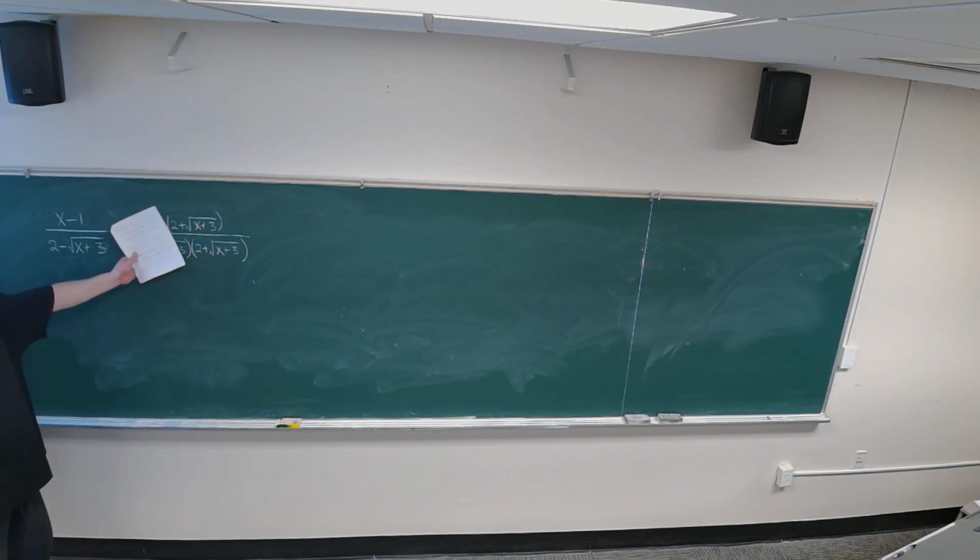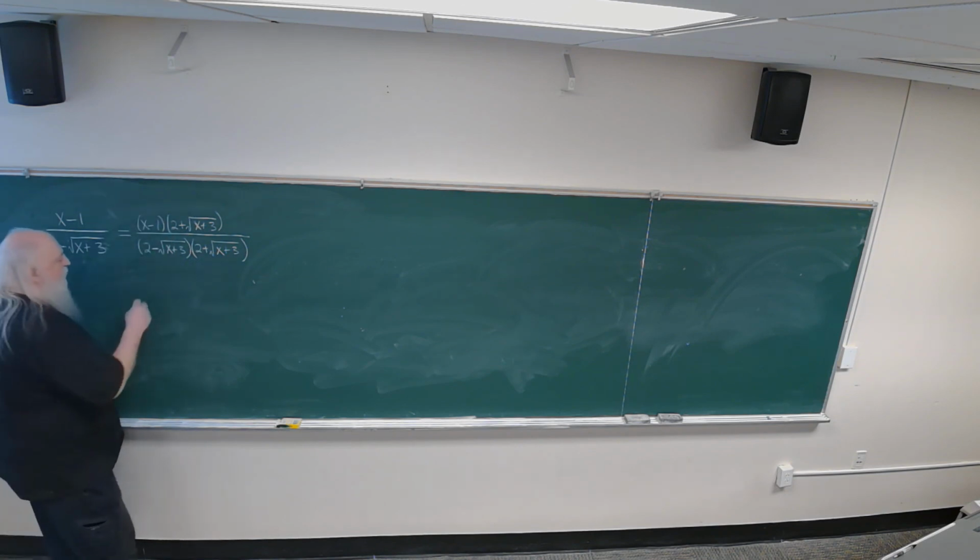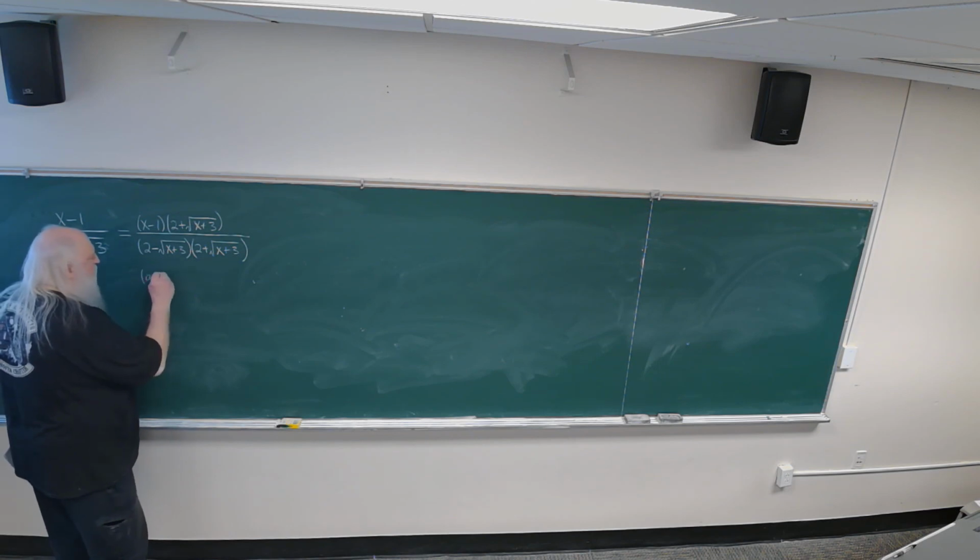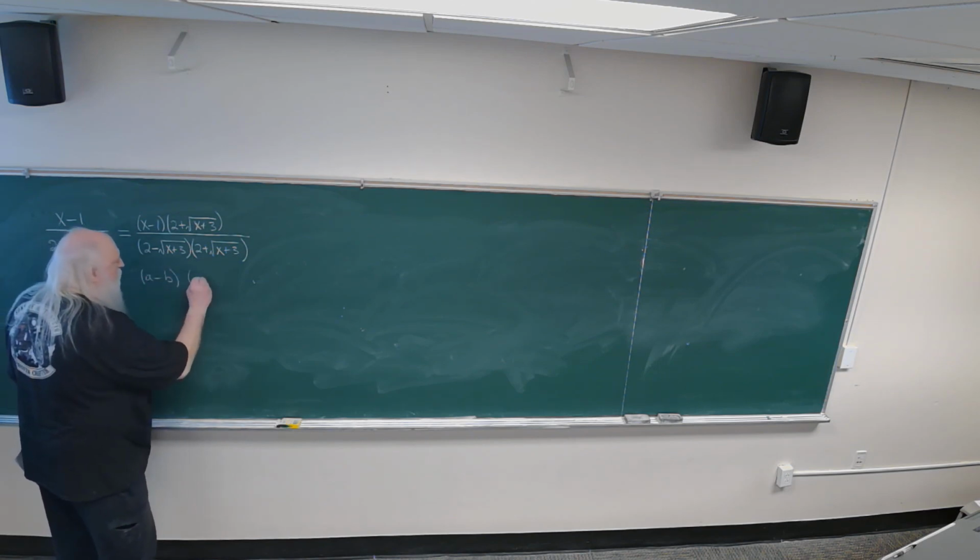Again, we're just multiplying by 1, because 2 plus the square root of x plus 3 divided by itself is equal to 1.